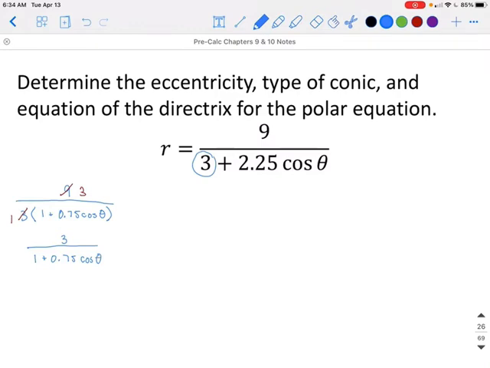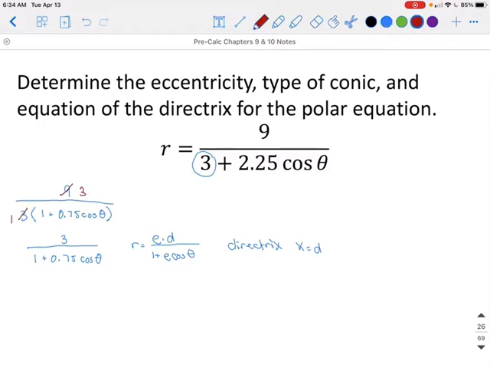Now, an equation in this form will be r is equal to e times d over 1 plus e cosine of theta. And if it's in that form, we know that the directrix will be x is equal to d.